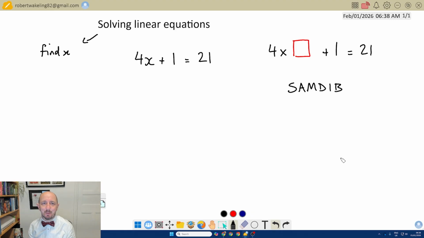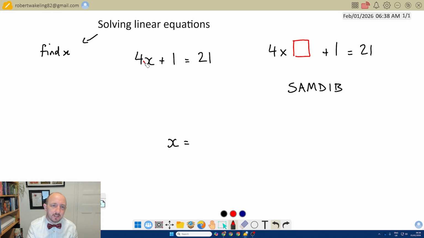Okay, SAMDIB. If we look at x, what is attached to x from BIDMAS that we don't want? We want x by itself, and at the moment it's got things attached to it that we need to get rid of. The 4 from BIDMAS, what is the 4 doing to x?